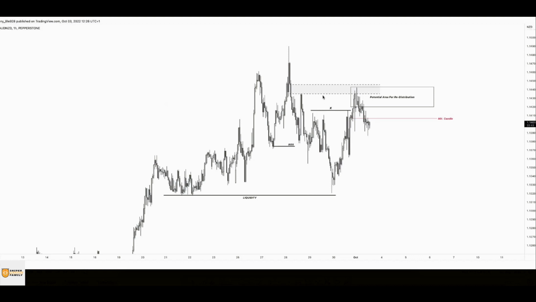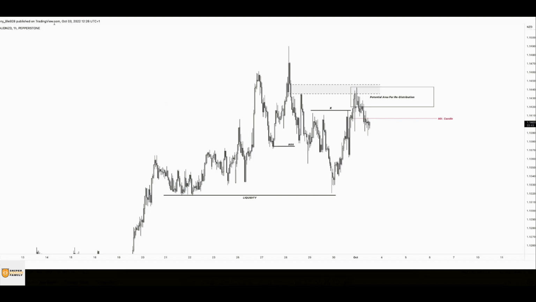So it had no reason to go up again, because number one, we have bearish internal liquidity captured. Price has given us distribution already. So I was anticipating price to go up and then just drop from this area. Anywhere from this mitigation candle up is where I'm looking for distribution to take place. So this was the markup.